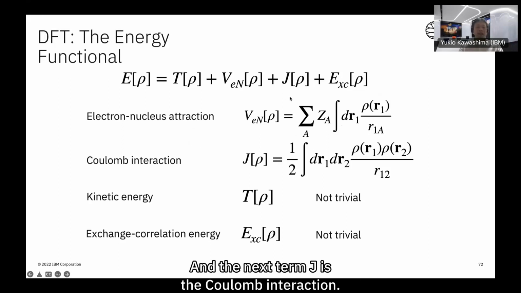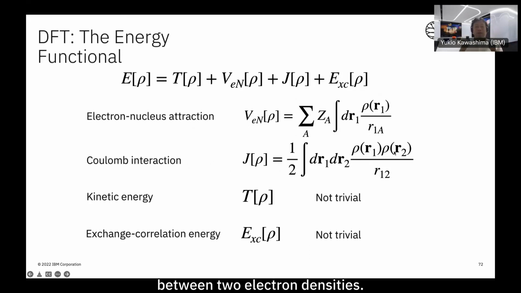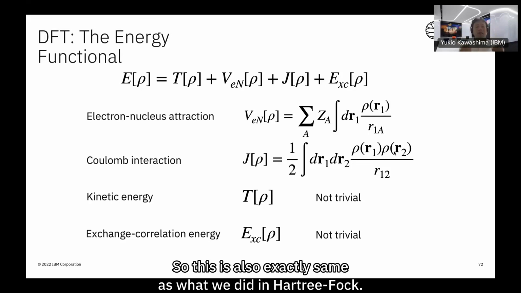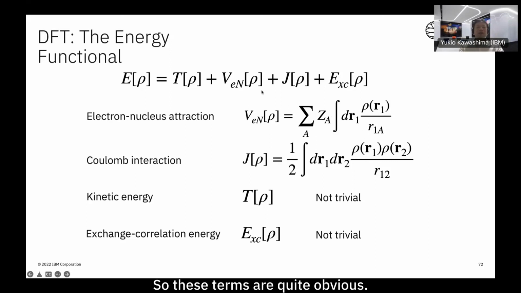The next term, J, is the Coulomb interaction. Here you have a Coulomb interaction between two electron densities. This is also exactly the same as what we did in Hartree-Fock. So these terms are quite obvious. However, at that time, how to describe the kinetic energy was not trivial.